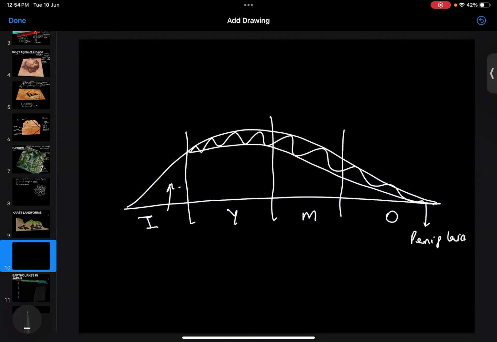Okay, here we have this as the base level. This is relative relief, and this is absolute relief.